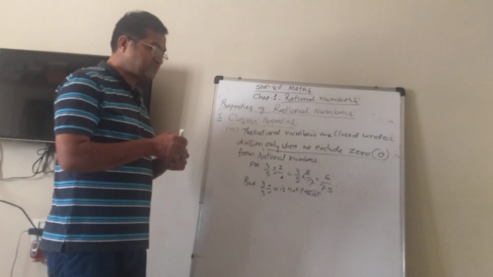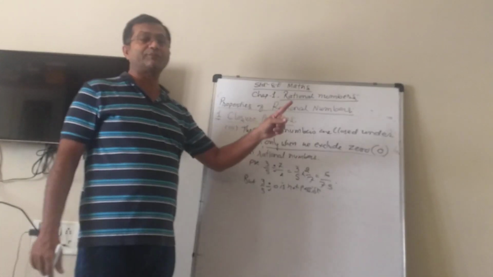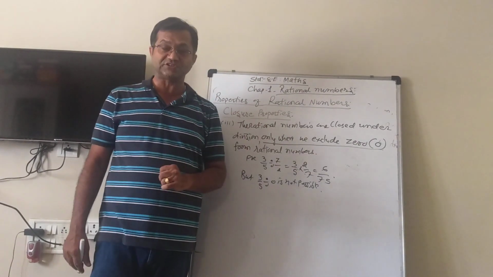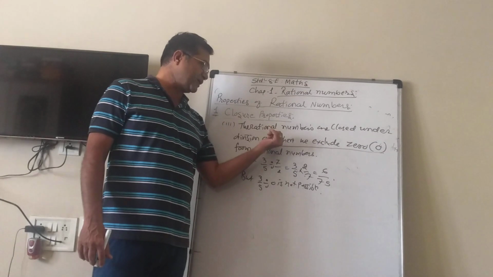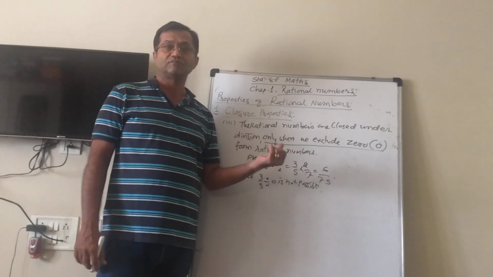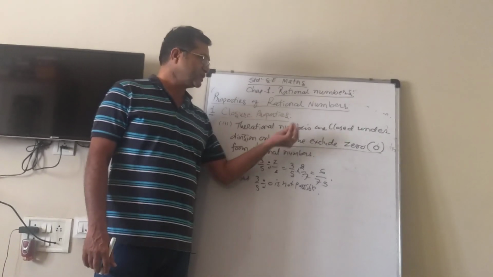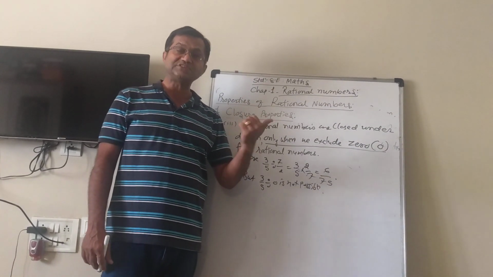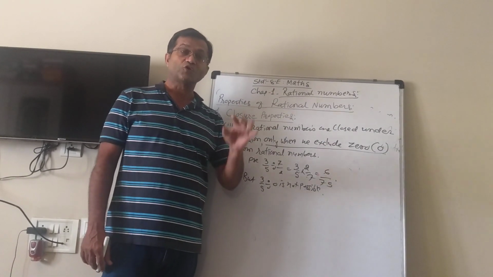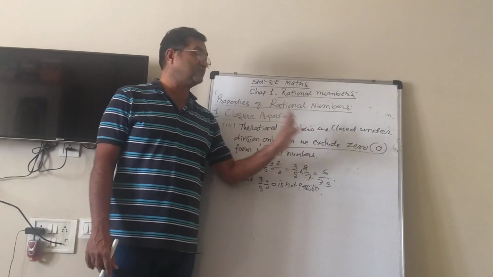So we see here the first closure property for all the 4 operations. We see that for addition, subtraction and multiplication, for these 3 operations it is closed. And for division we see that it is closed except for the 0.